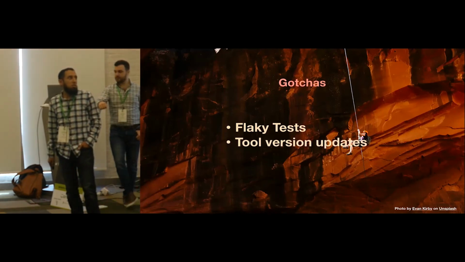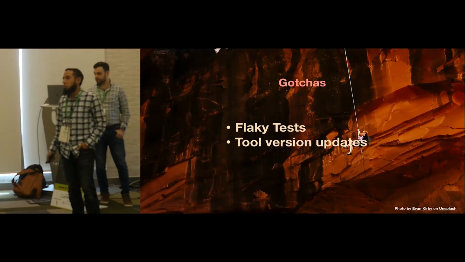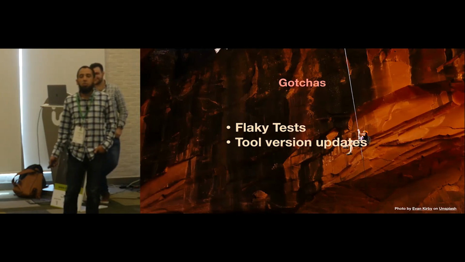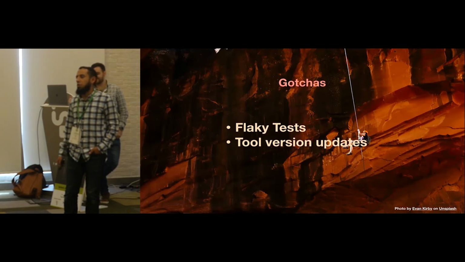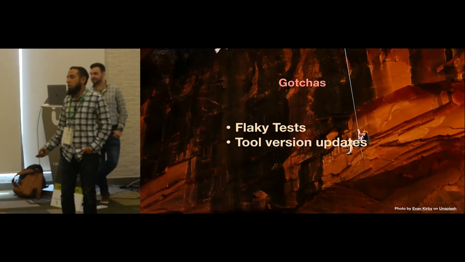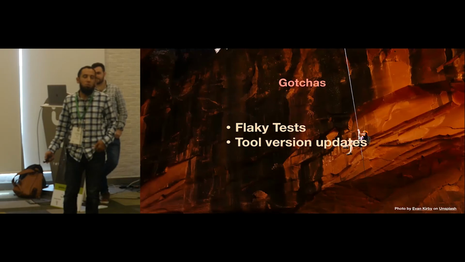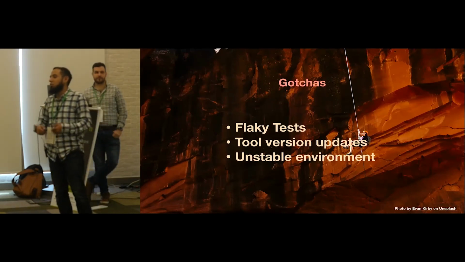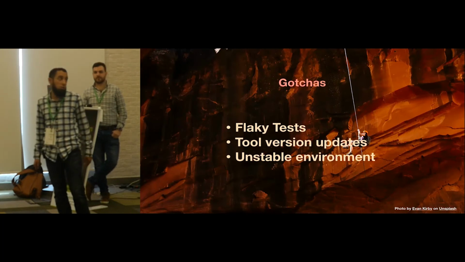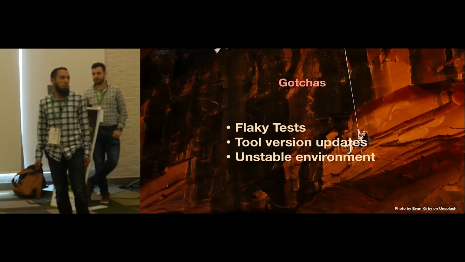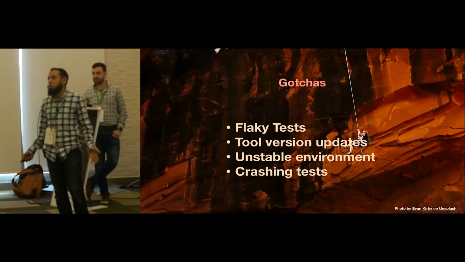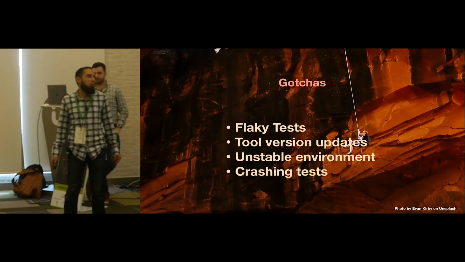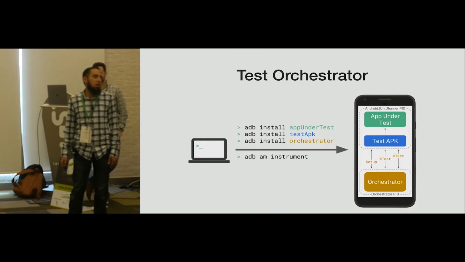A couple of gotchas: flaky tests. Don't sleep in your tests, please. Tool version updates. This is particularly relevant when you're using something self-hosted like Jenkins, and you update the version of the build tools, but you have to actually go and update the box to have that version of the build tools. Similarly, if the testing environment or the CI environment is unstable, then developers complain that my code is not compiling properly, even though it works on my machine.